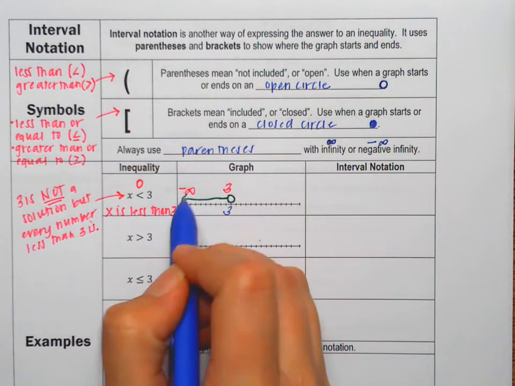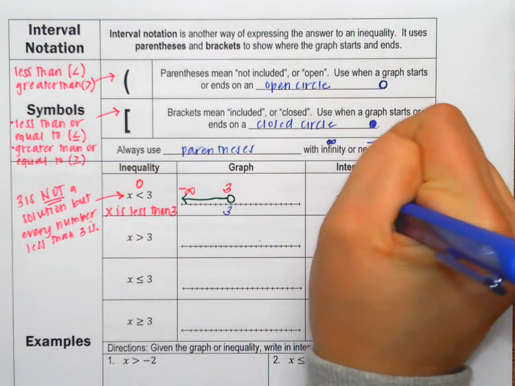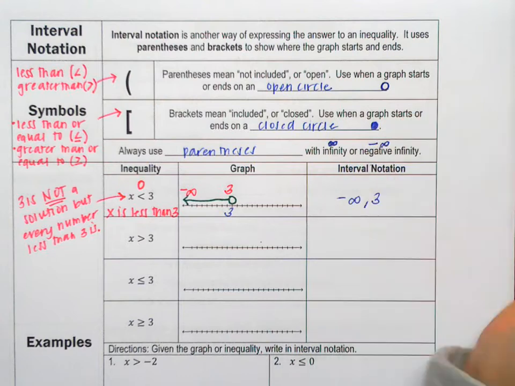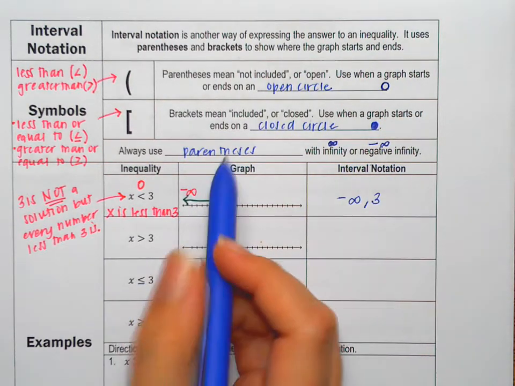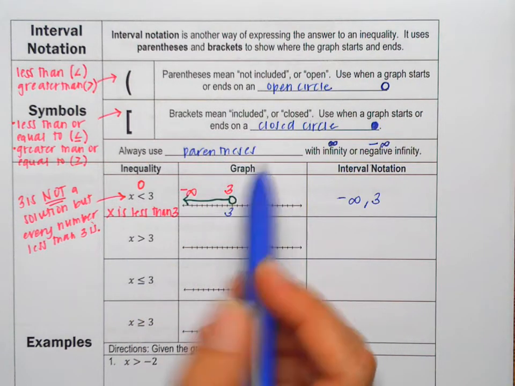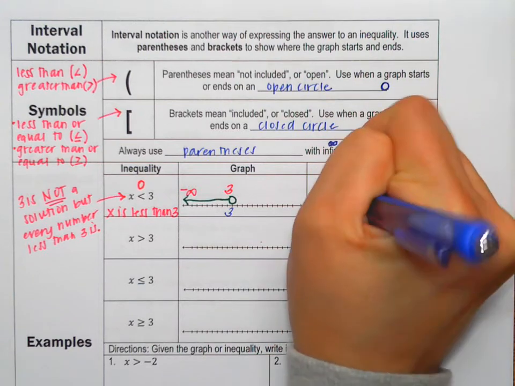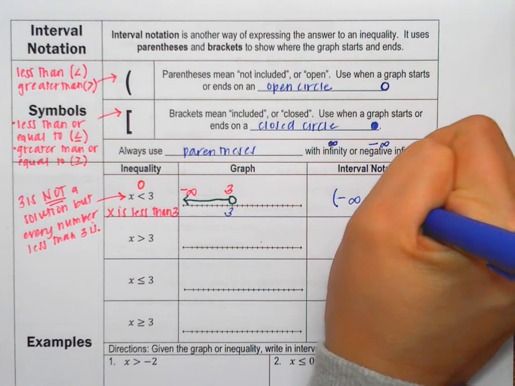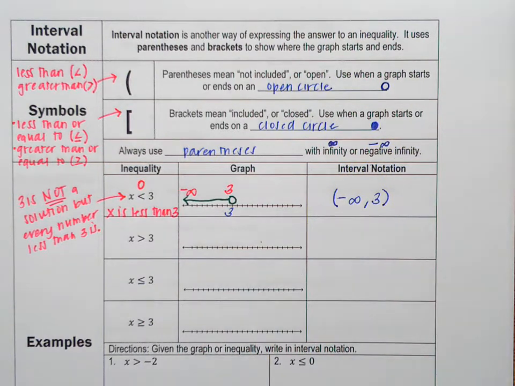So we have negative infinity to 3. Remember, we always use parentheses with infinity or negative infinity, so I'm going to use a parentheses. And then it's an open circle at 3, so I'm also going to use a parentheses there. And that's it. That's interval notation.